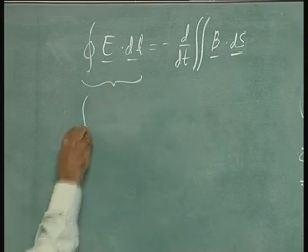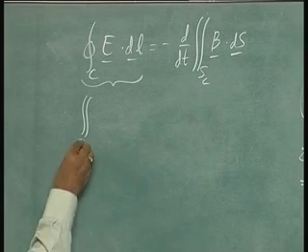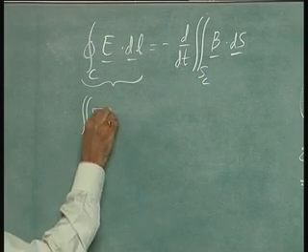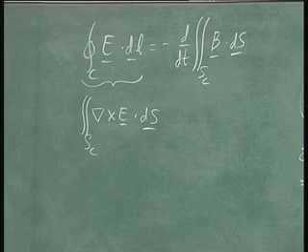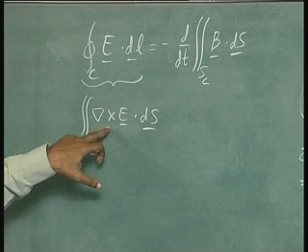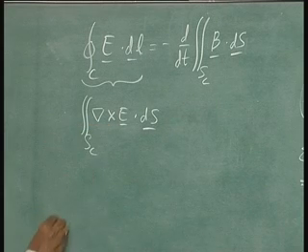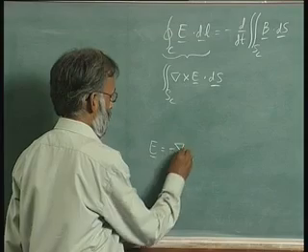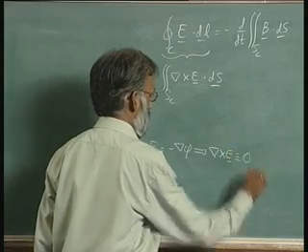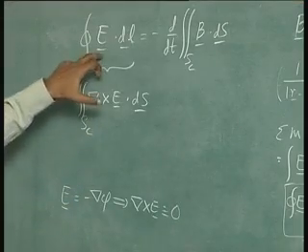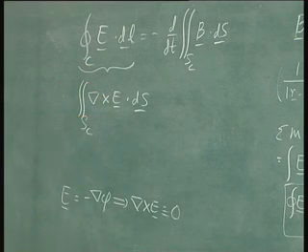This piece is nothing but the surface integral, let me call this loop C, over the surface connecting C, of curl of E dot ds. Now, that should give us a warning. We have already had a proof that curl of E is 0. Why? Because we had E equal to minus gradient of phi, which implied curl of E is identically 0. And yet, a loop integral of E dot dl is nothing but the surface integral of curl of E dot ds.